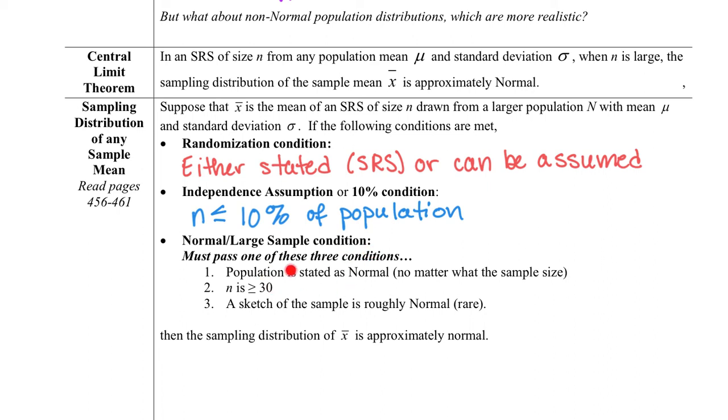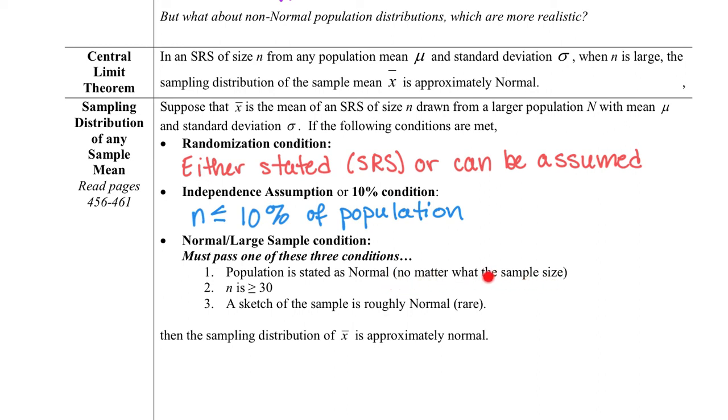And the last one is a little bit trickier. This one is where things change and where you really need to know whether you are doing inference on a mean or inference on a proportion. So the normal large sample condition has changed. For means, it could be one of these three things. First, if it says the population is normal, it doesn't matter what the sample size is.